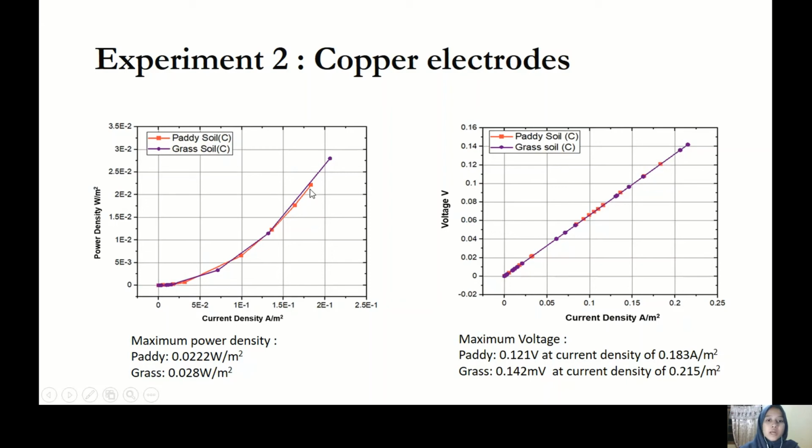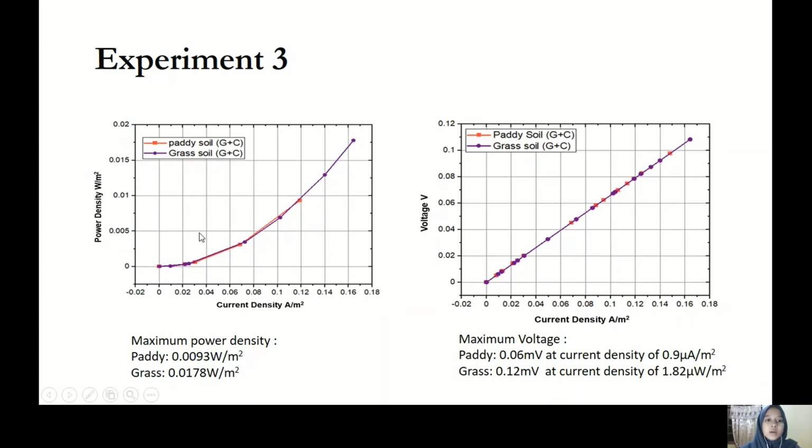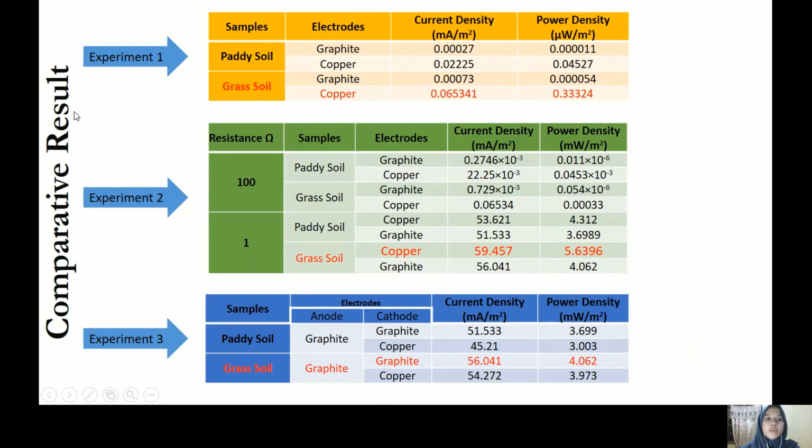And also here the difference is a small value. And the last one is experiment 3. Maximum power density that could be achieved by paddy soil is 0.0093 watt per meter square, and the grass is 0.0178 watt per meter square.